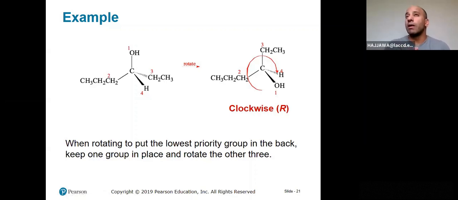We just said the second possibility for an R configuration is when the rotation is counterclockwise and the fourth group is towards me, because that's the opposite of the ideal situation for an S. S configuration is when you have the counterclockwise fourth group away from you. But what if it's counterclockwise fourth group towards you, like this example? That would be an R configuration. That's the second possibility for an R configuration.